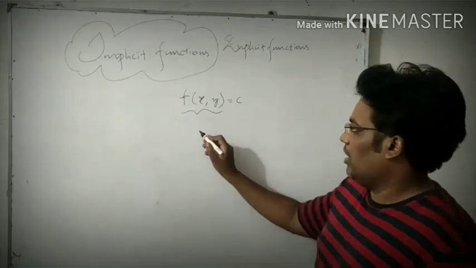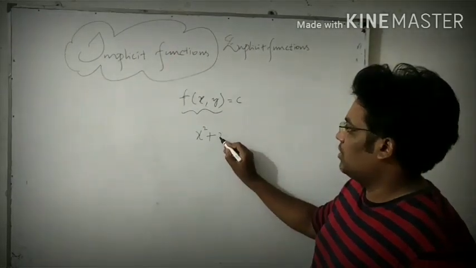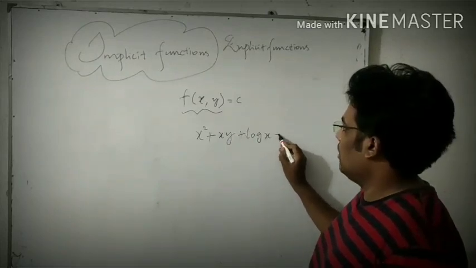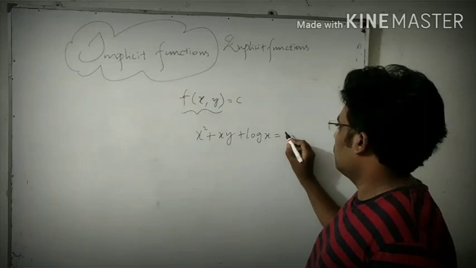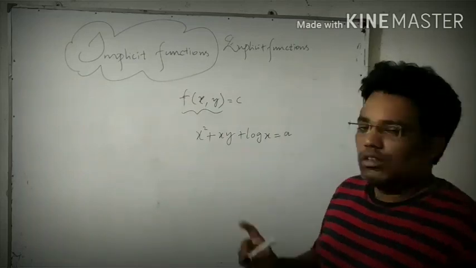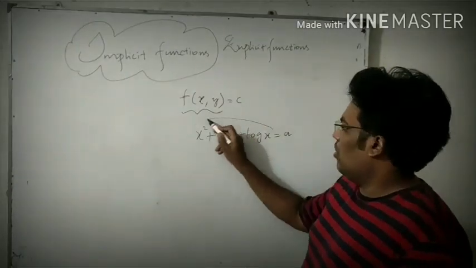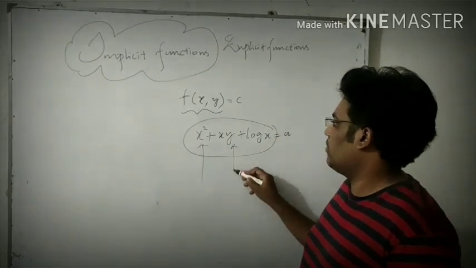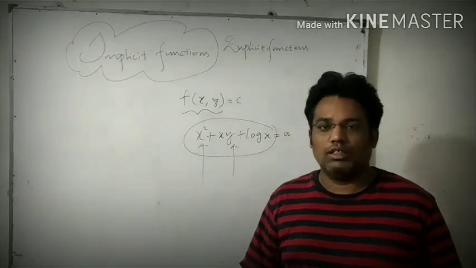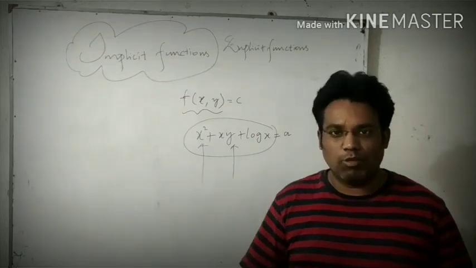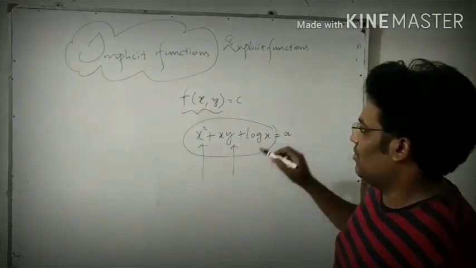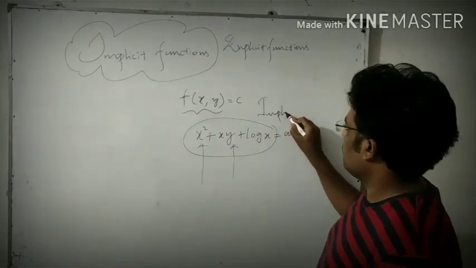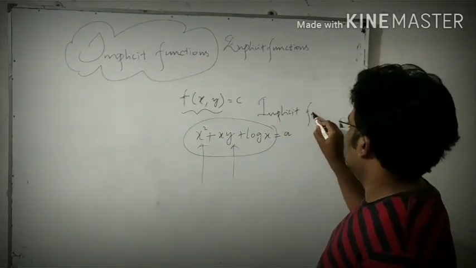If I write something like x square plus xy plus log x equal to a, you can observe this whole function has both the variable x and y. We define this as an implicit function.